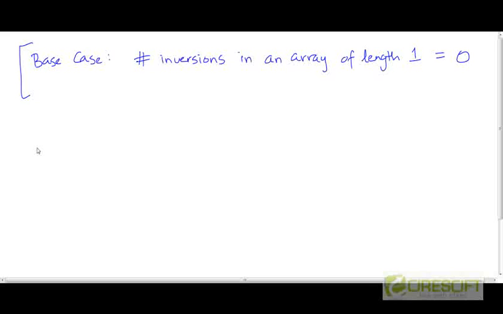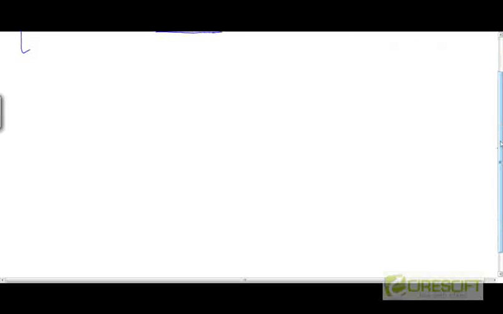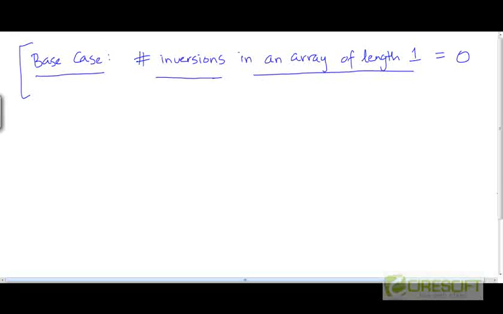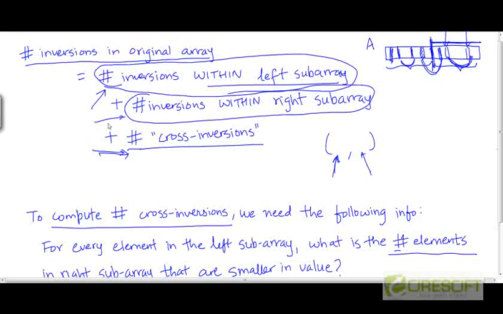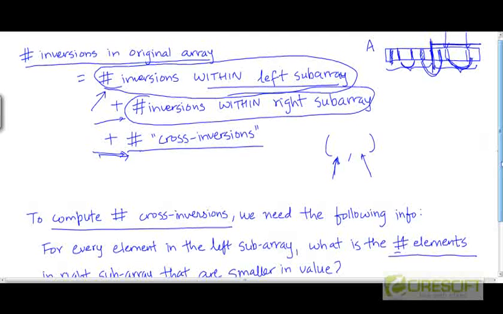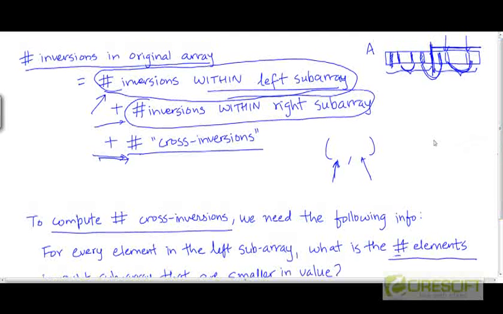But because we also want every call to merge sort to return the number of inversions in that array, we need to specify what the base case is for the number of inversions when merge sort is called on an array of length 1. And the number of inversions in an array of length 1 obviously is 0. So having specified the base case and having specified how the recursive calls to the two subproblems are going to be combined, we can compute the number of inversions in the original array via this modification to merge sort.